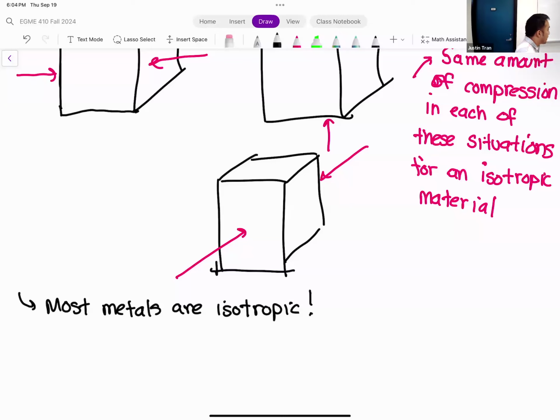So it's nice. Okay. And if you are considering an isotropic linear material, right? Isotropy and linear elasticity are separate things. But if you can assume both, then that means you only need 2 parameters to fully specify your material.